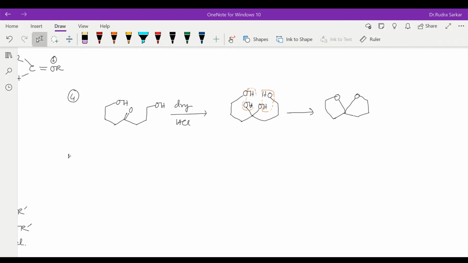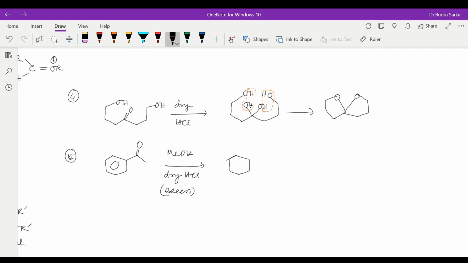If I give you, say, a molecule like this, so this is acetophenone, I'm using MeOH, dry HCl. So what will be your answer? Let's say I'm giving you excess. Excess means two equivalents. You have to think.